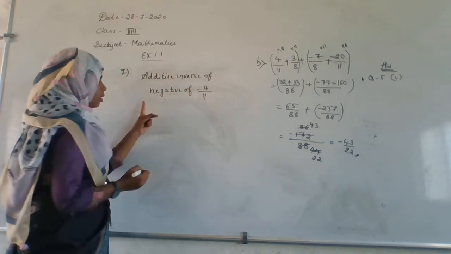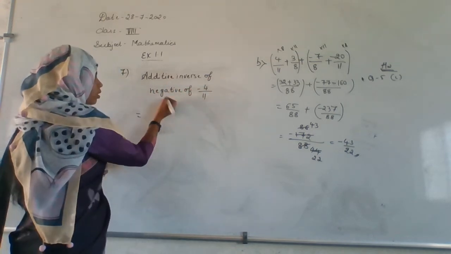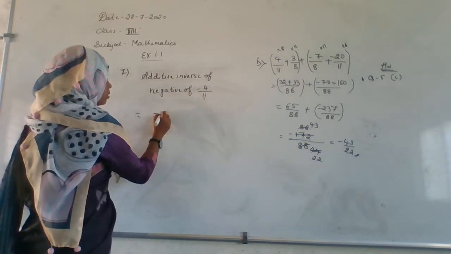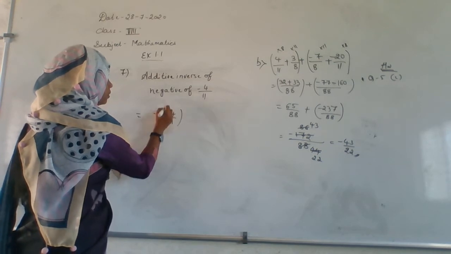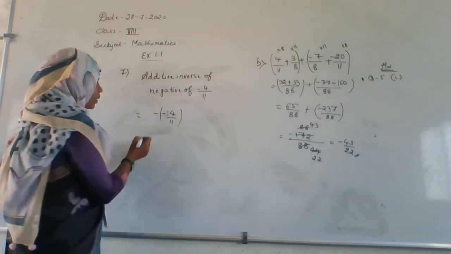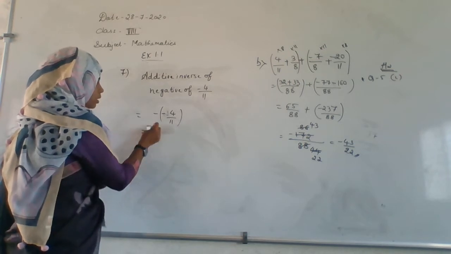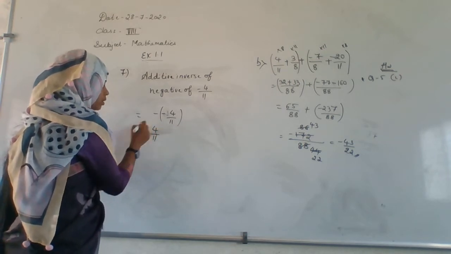Here, additive inverse of what? Negative of minus 4 by 11. This is our x.